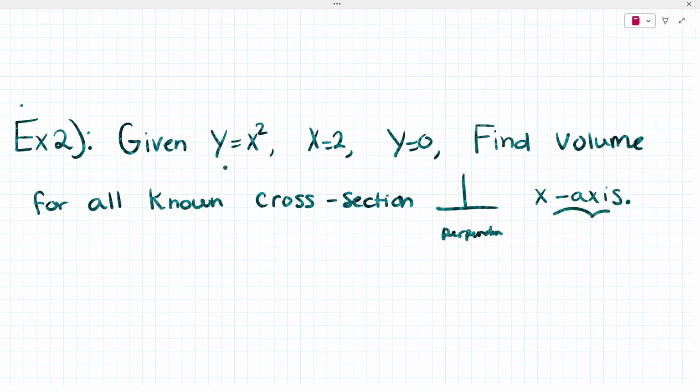What this means is everything will be in terms of dx. You have to be careful because sometimes they don't put everything in terms of dx, or if they say y-axis, everything has to be in dy, right? So just make sure everything will be in terms of dx.